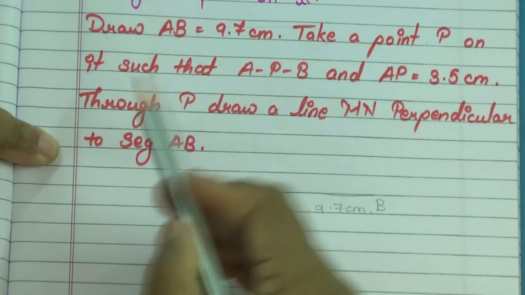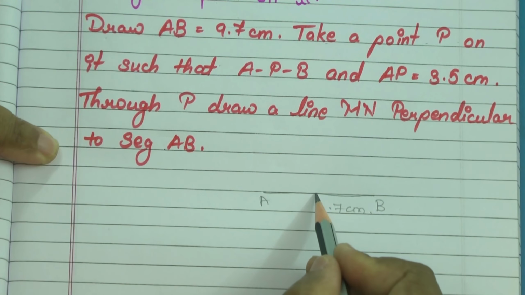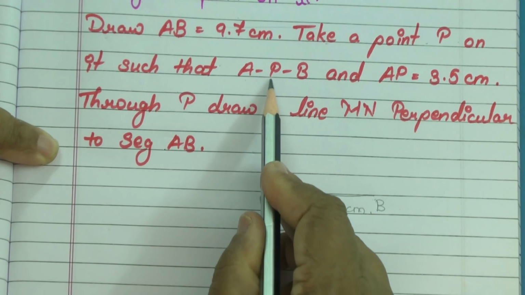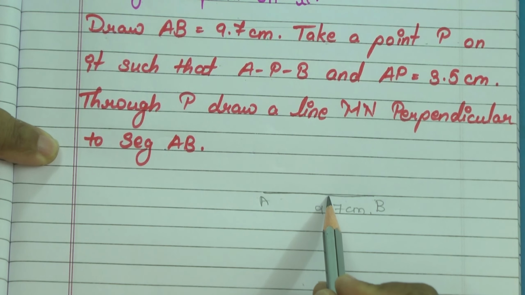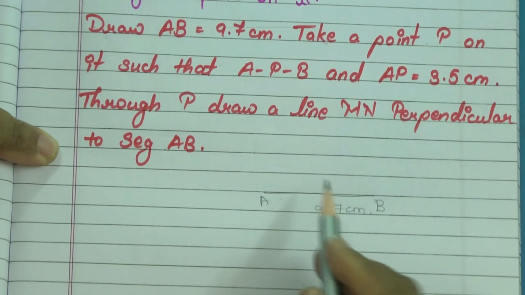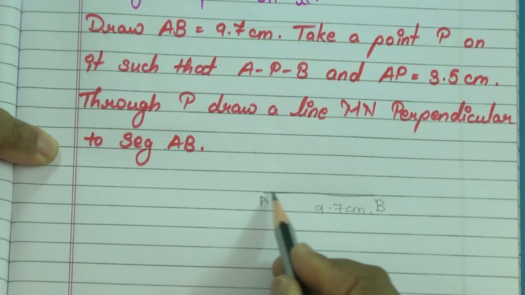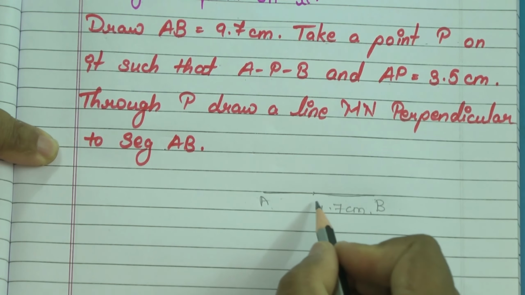Take a point P on it. Where I have to take now this point? The point should be on the line only, as it is given APB, means somewhere in the middle of the line AB. Somewhere in between A and B. Not exactly. AP, such that AP is 3.5 centimeter.